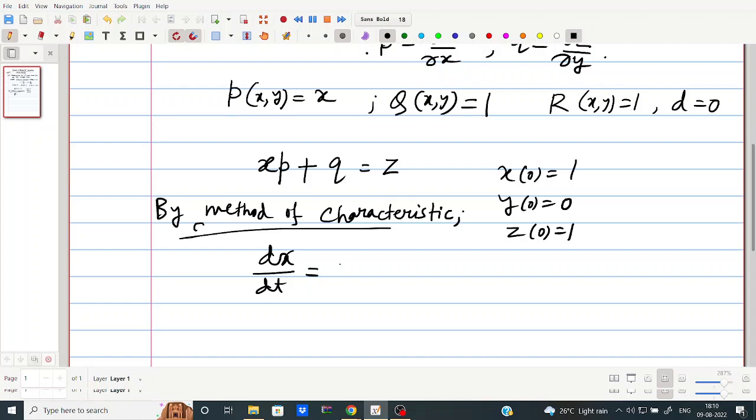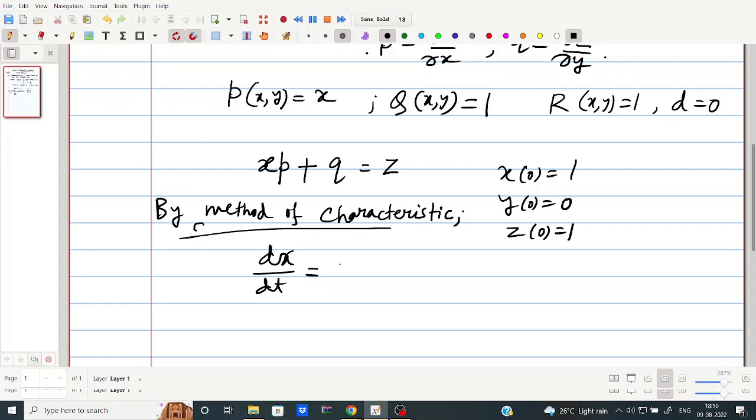dx dt is nothing but the coefficient of del z del x, that is x. And dy dt is the coefficient of del z del y, that is the coefficient of q, which is 1, so dy dt is 1. And dz dt is the term on the right hand side, that is z.